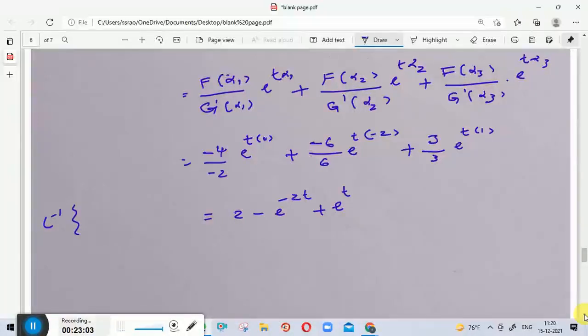What is f of p here? 2p square plus 5p minus 4, divided by p cubed plus p square minus 2p. Okay, this is the solution of our problem using Heaviside's expansion formula.